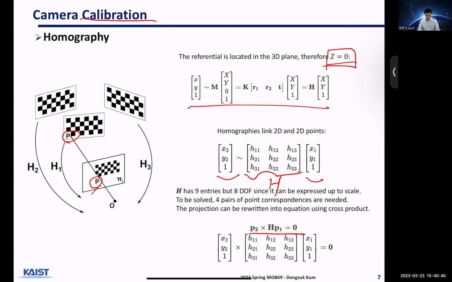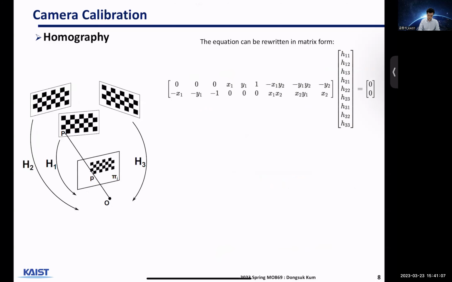So this is because this is projection, which is up to scale. We can apply cross product between these two vector and matrix, and that would lead to these equations.